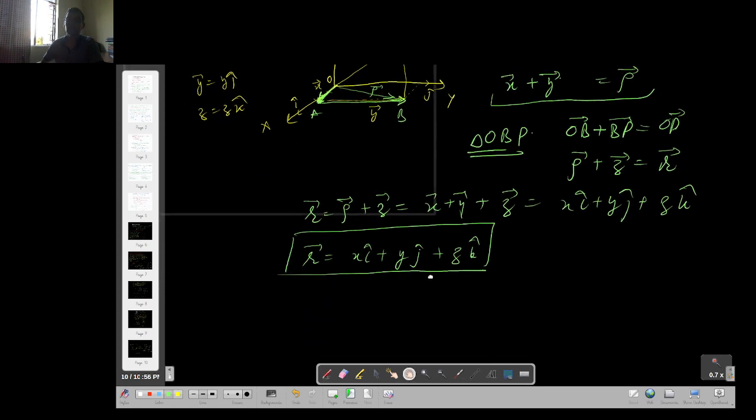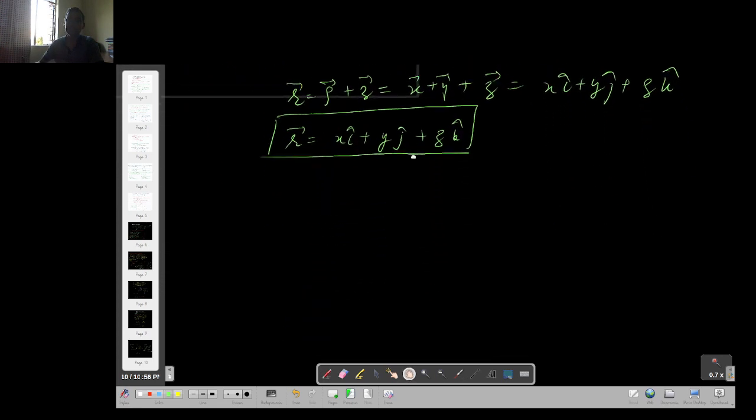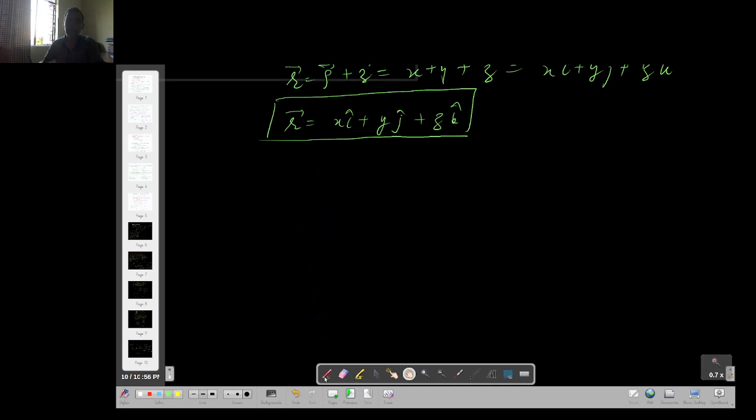If it's only a single point I am talking about, fine. If there are 2 points in space, how can their position vectors be represented? Let us have a look. It is x, y, z.